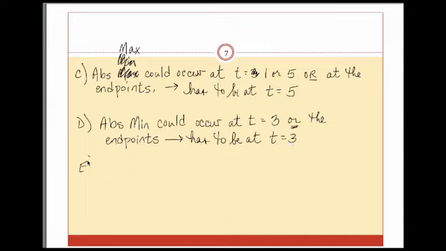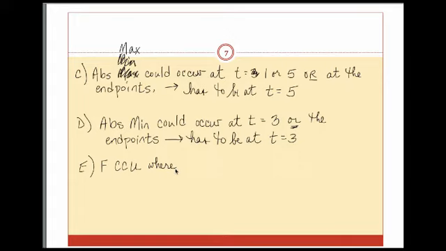Let's try E. Now we're talking concavity. Maybe let's do concave up first. As we did before, we can talk about how we know where that's going to be. Remember back to the other problems where we were given the graph of the derivative.